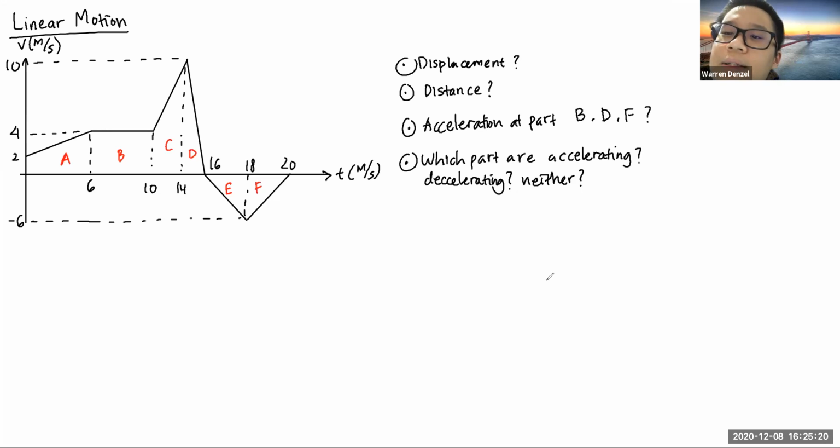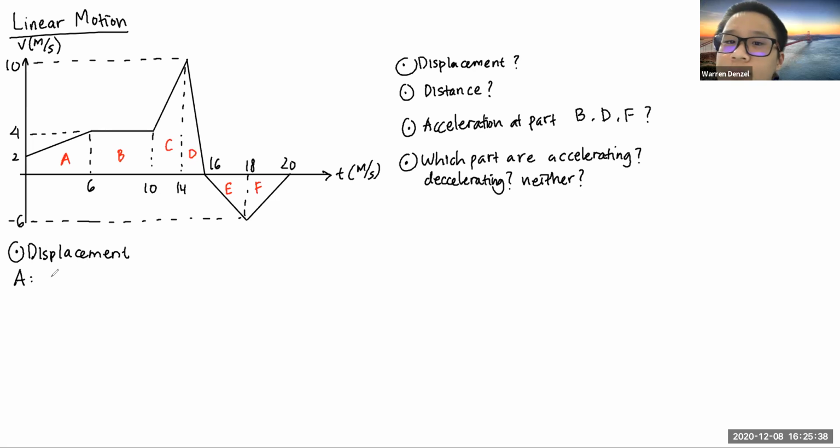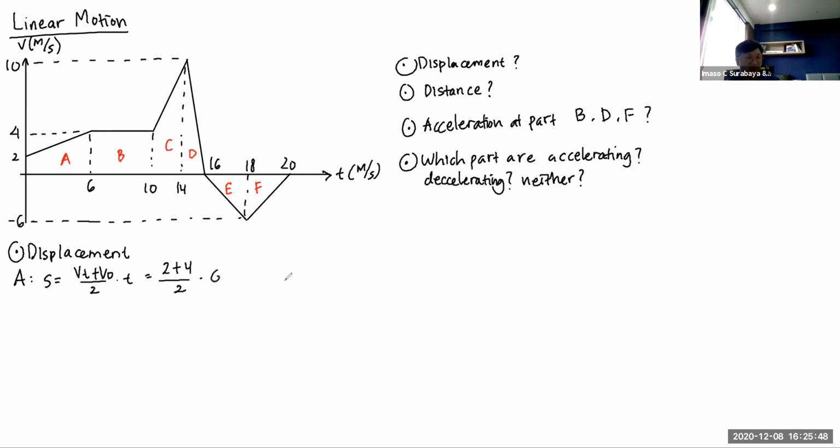The displacement is 72 meters, mister. 72 meters. Okay, let's see. To find the displacement, we first look at each part one by one, right? For part A, the displacement is 2 plus 4 divided by 2 times 6, right?